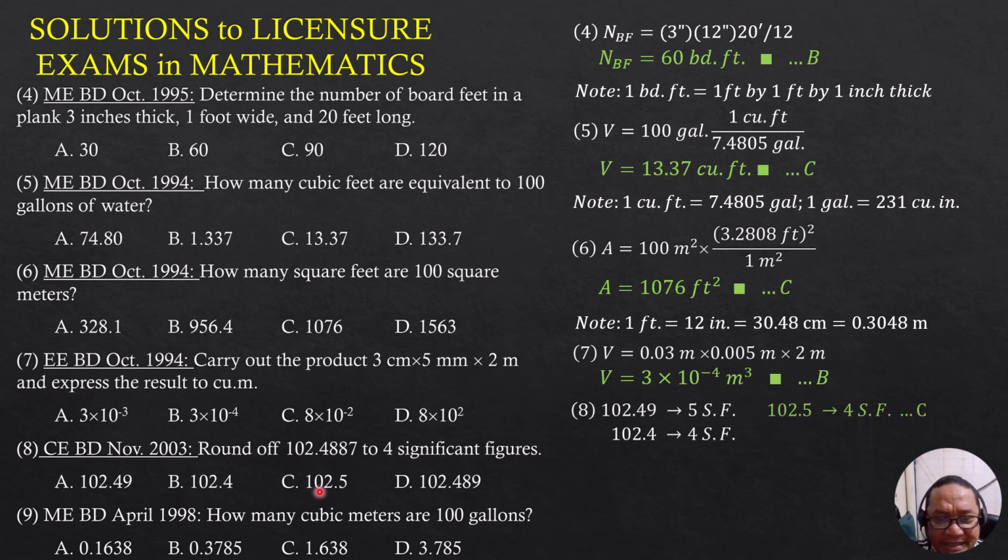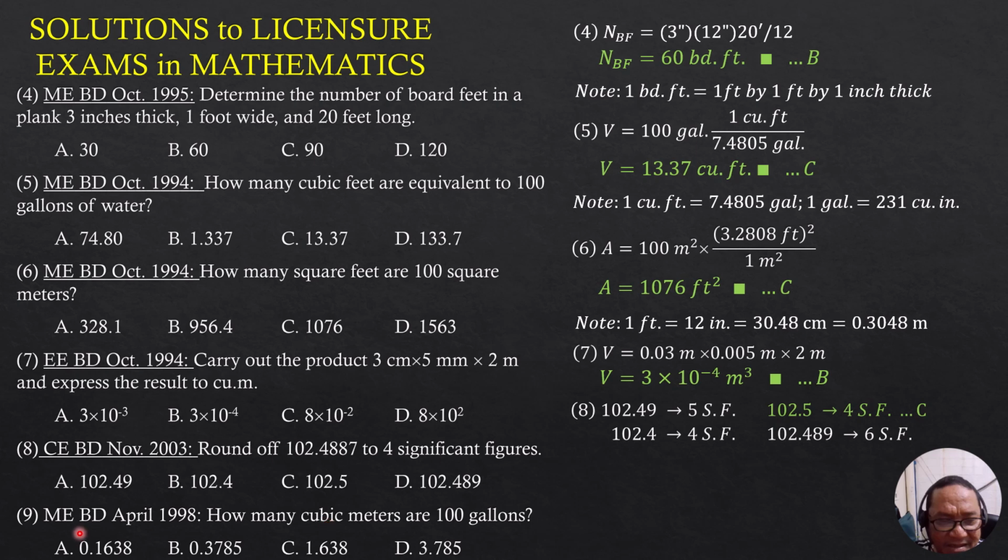So that's why the answer is letter C. That's the value of 102.4887 when rounded off to 4 significant figures. It is not 102.4. Then lastly, letter D is a value in 6 significant figures. So that's why that's not the answer.